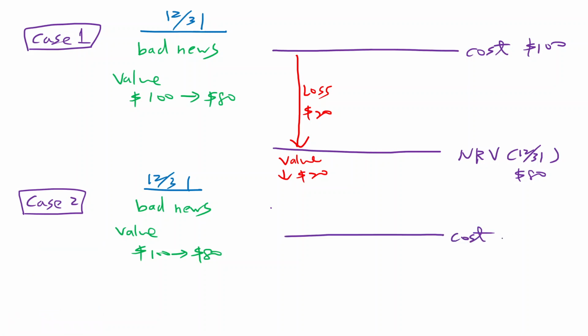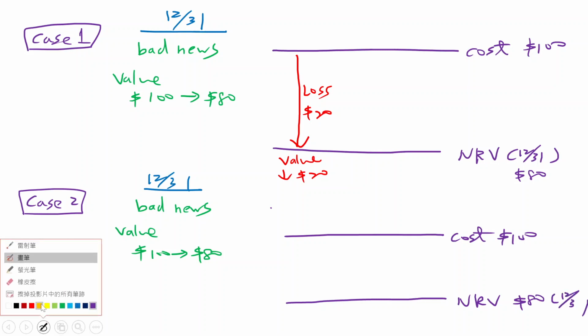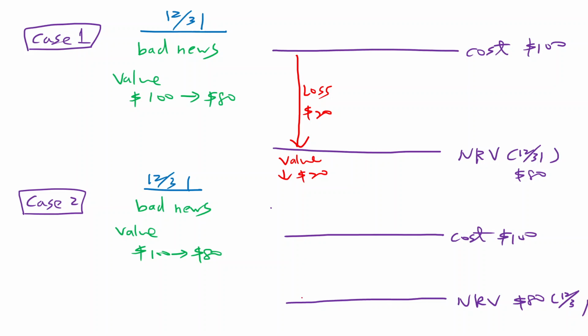Cost 100. NRV 80 for December 31st. So we have a loss of 20. Okay, but what if later on, like January 2nd, because of good news, your value increases?